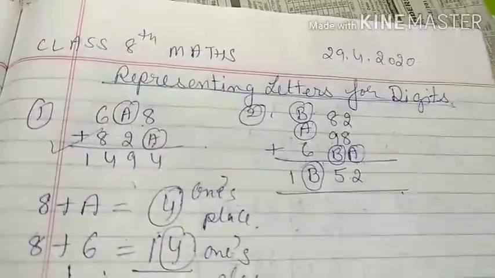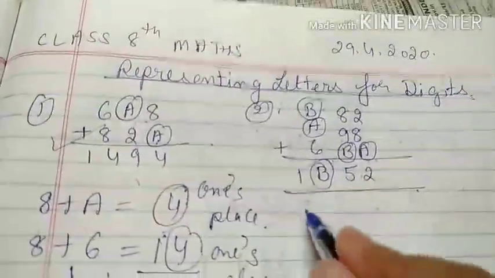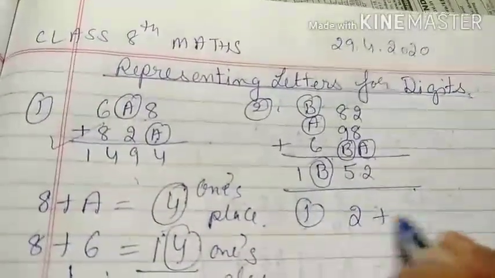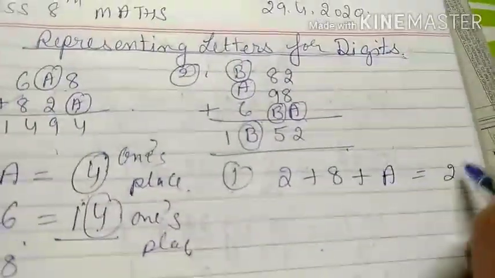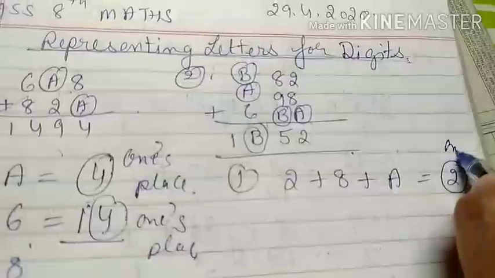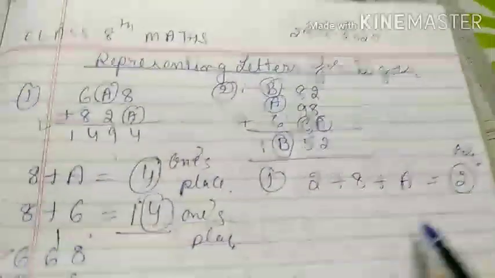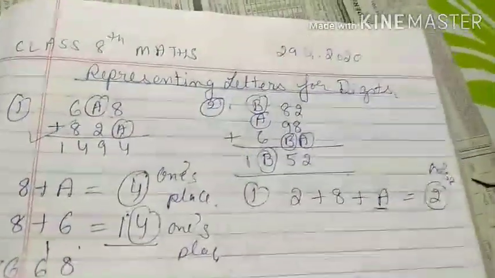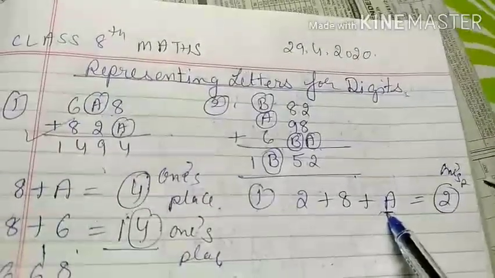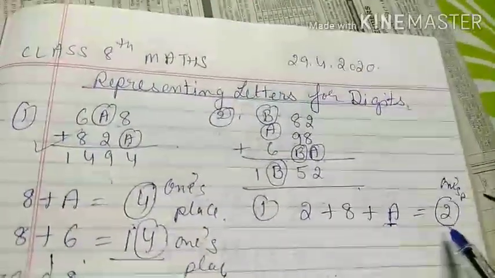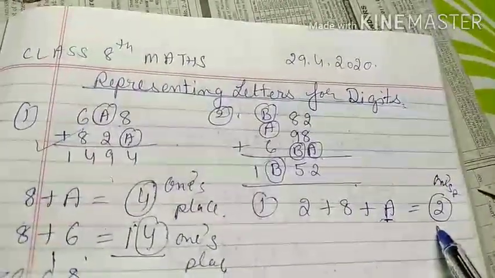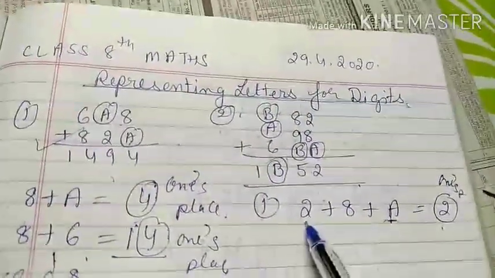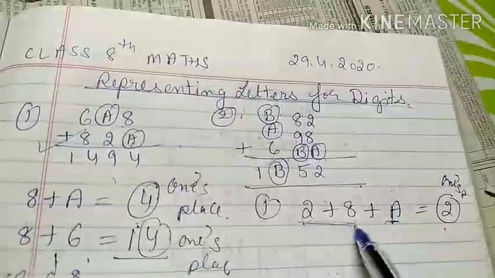Now I go with the first number, 2 plus 8 plus A. That means I need a number here whose ones place is 2. I have to add a number like that in place of A. Here 2 plus 8 is 10.